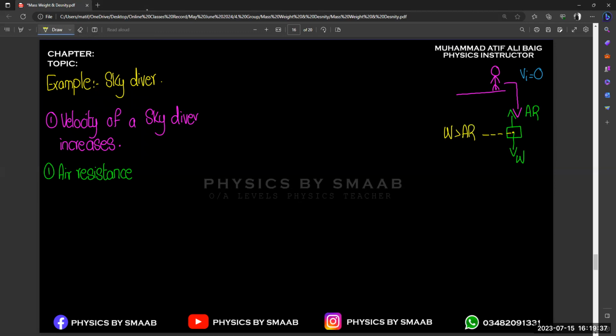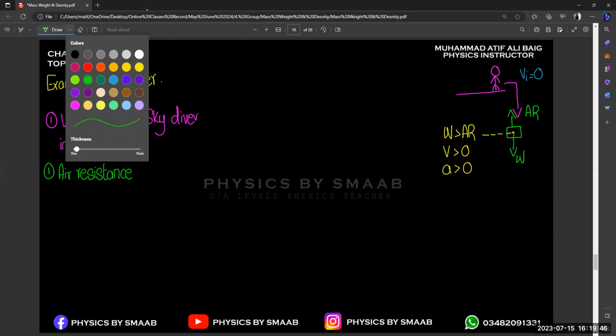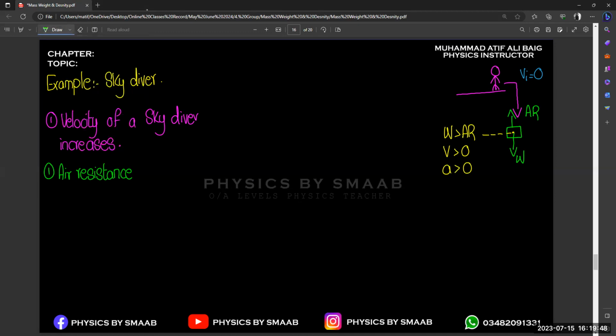And we also say that the velocity of the object is increasing, and the acceleration is also greater than 0. So air resistance and velocity are both going to increase at the initial stage, right?